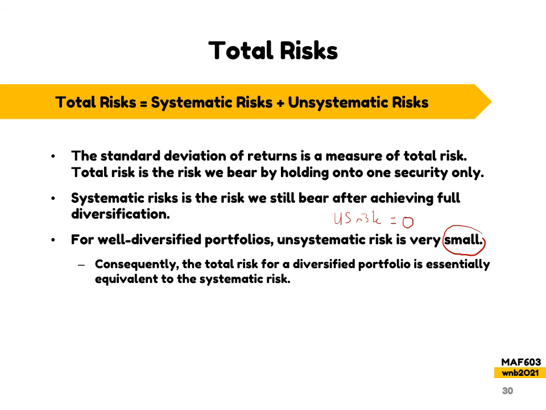In a very well-diversified portfolio, the total risk is only systematic risk, since the unsystematic risk is 0. It is not there. Everything has been reduced by diversification. What remains is only the systematic portion. This is the situation in a very well-diversified portfolio.